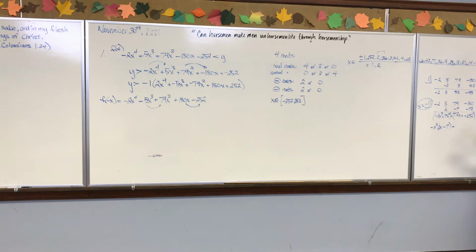Plus, what comes out of here? I'm hoping to get a 2x left over. What would have to be yanked out? 36, very good. And what are we hoping to get here? 2x minus 7. That, by the way, is exactly what you get. So 2x minus 7 in front. Negative x squared plus 36.